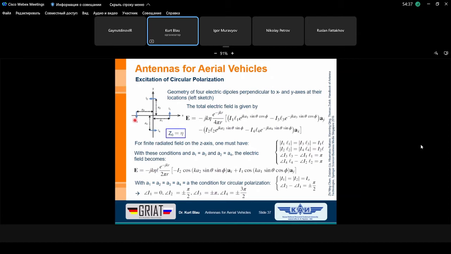The general assumption is that the distance from our origin should be A1 and this A3. For the second pair on the y-axis, we have dipole 2 with a constant current I2, and the opposite is dipole 4 with the constant current I4.